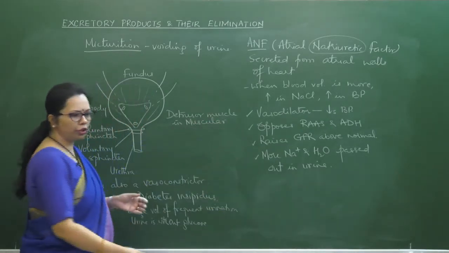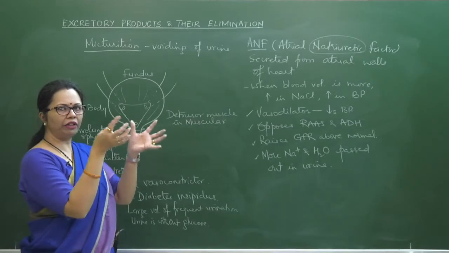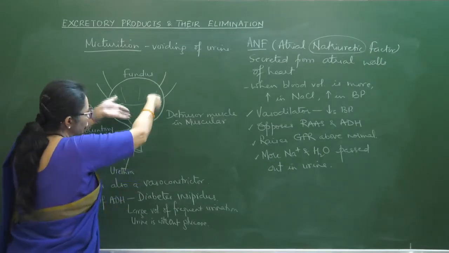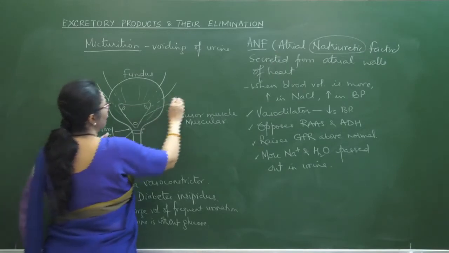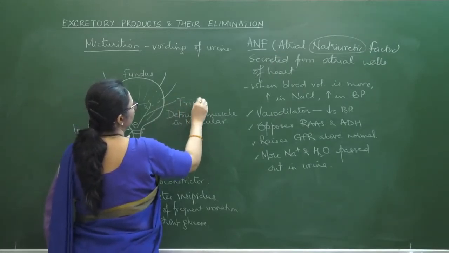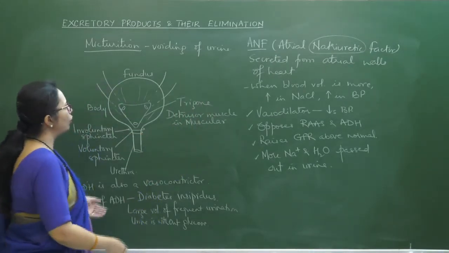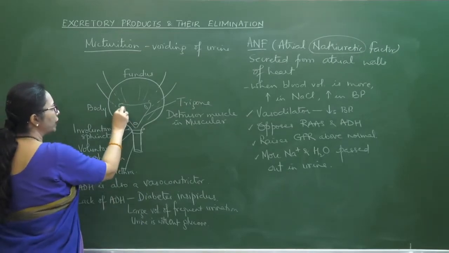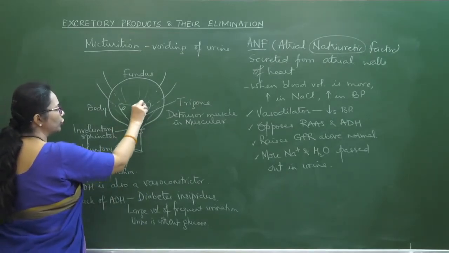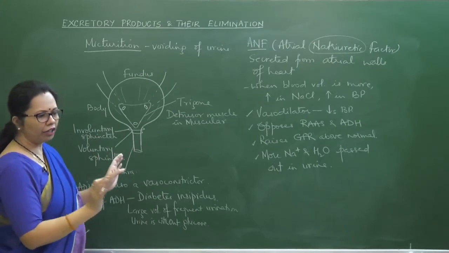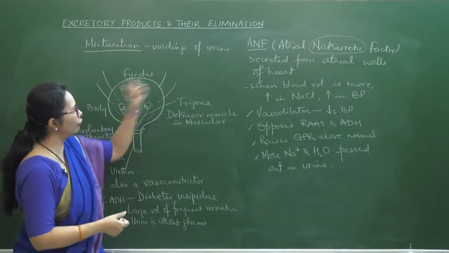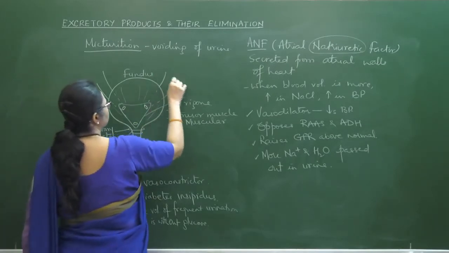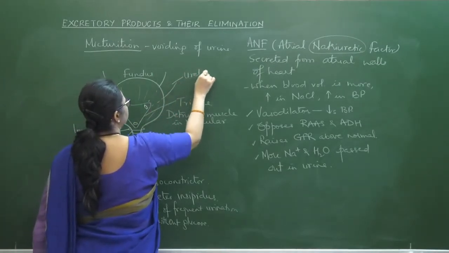Why is it called detrusor muscle? Because they are so arranged that when they contract, they will be pushing down the urine. They are arranged in such a way that it is coming into this trigone area. It is totally compressed, and the urine will go out. And the openings here, these are oblique openings to the ureter. They are not having any valve, but since they are oblique openings, they get compressed and urine cannot flow back into the ureter. Okay, so this is one thing.